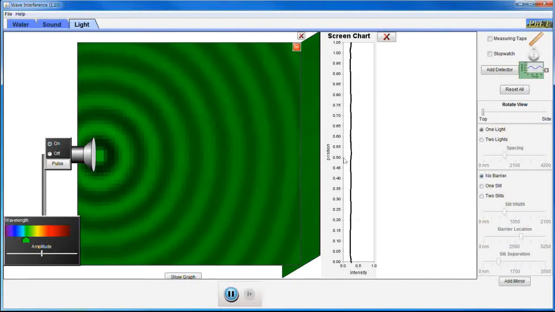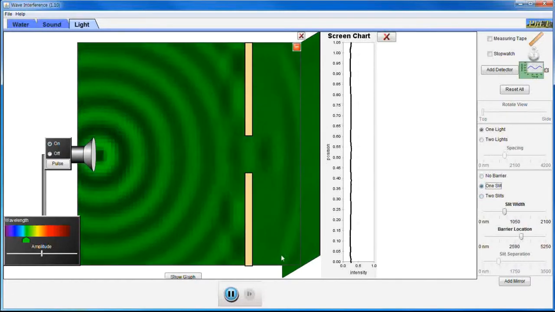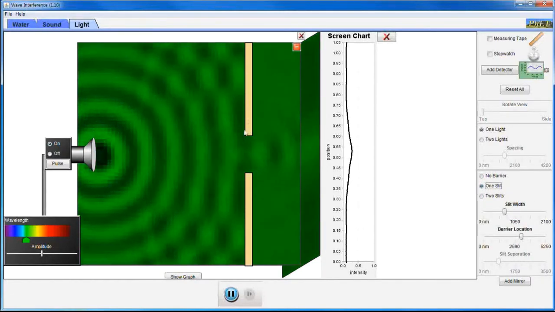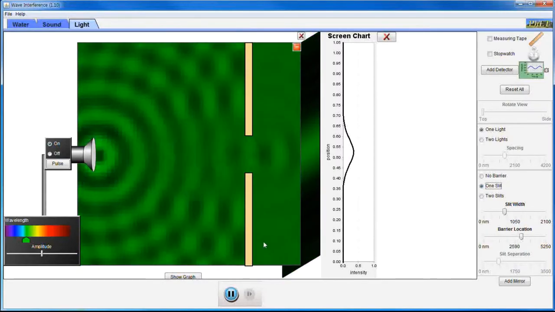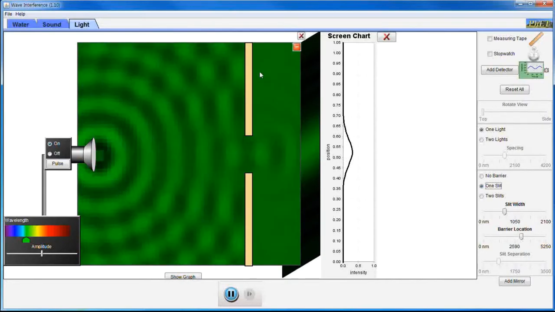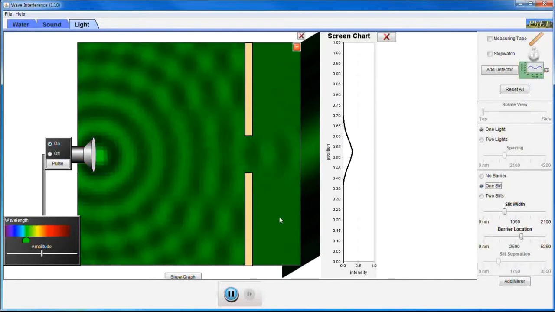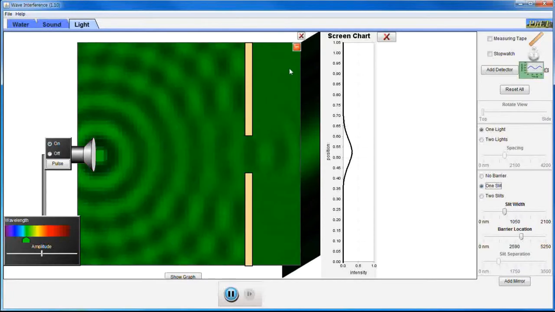And now let's try to introduce the barrier which has one slit. This opening is a very wide slit. And what is happening? Immediately you can see that this part is blocked, so the light on the screen is very dark. But at the same time, you can see that something is still going on here.